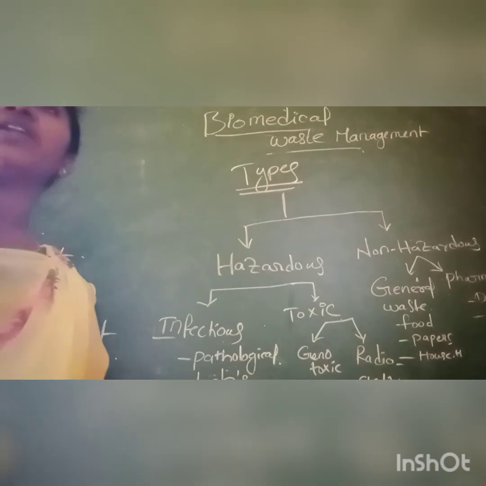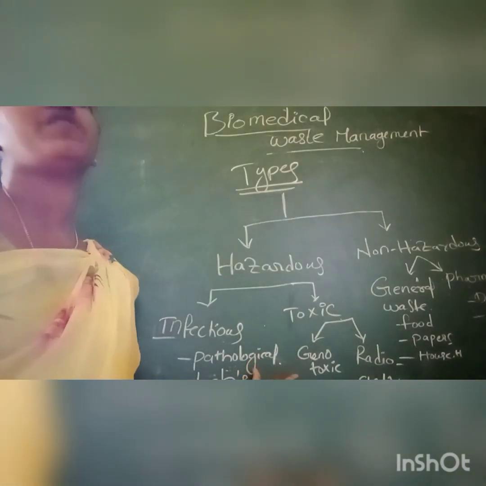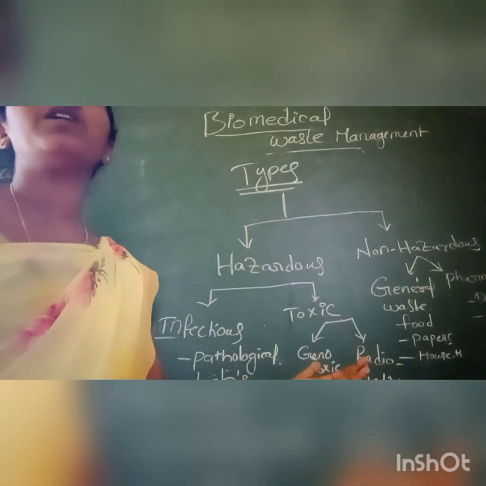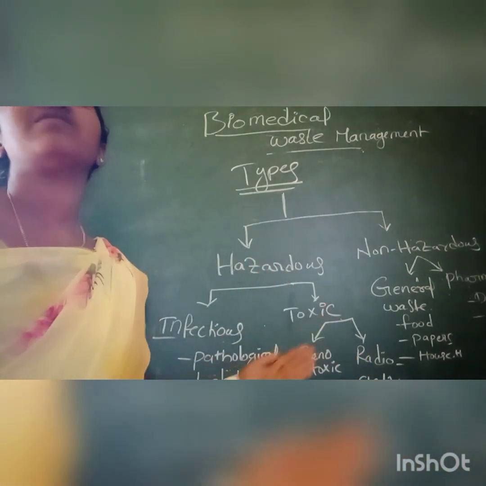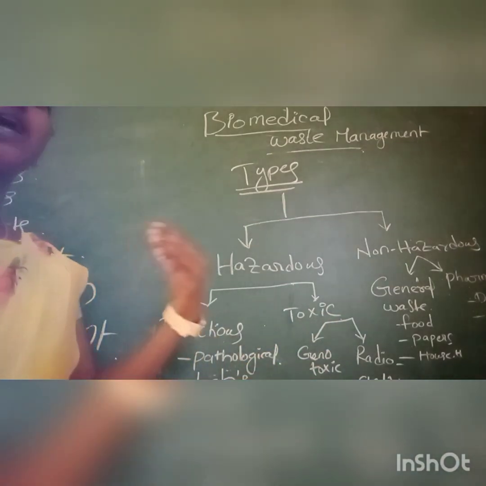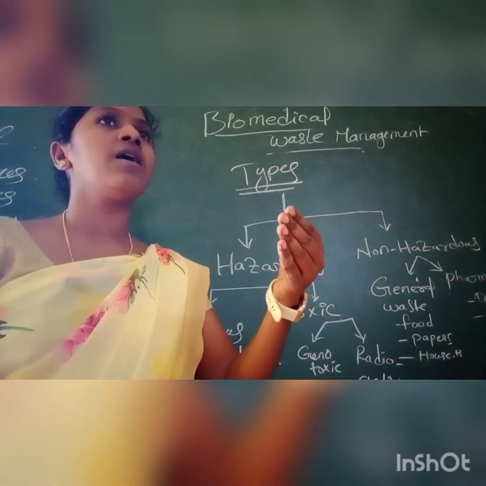Next one, laboratories. All the remaining body fluids, laboratory waste, blood, urine, then specimens, cultures, all this comes under laboratory waste. Blood banks. After collecting blood, what are the things that come under blood banks?